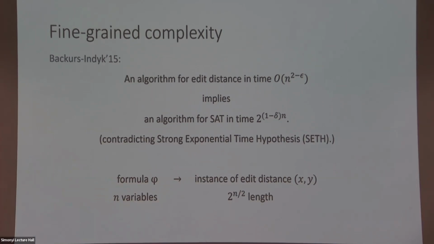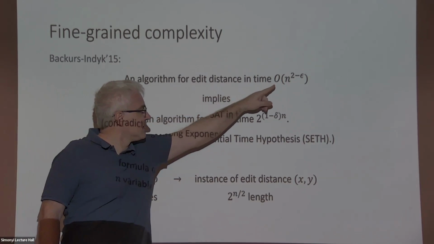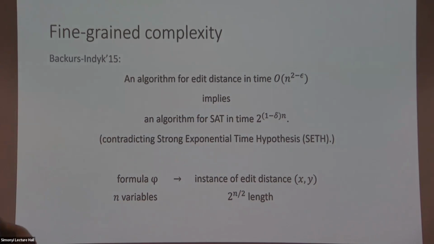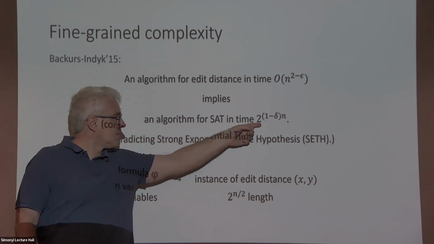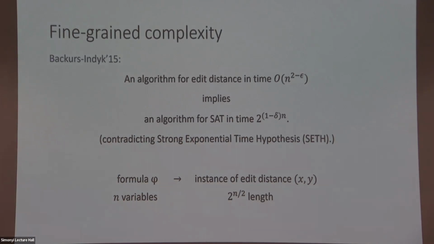In particular, what Backurs and Indyk showed is that if you have an algorithm for edit distance which runs in time n to the 2 minus epsilon for some constant epsilon, then you can get an algorithm for SAT which runs in time 2 to the (1 minus delta) n.